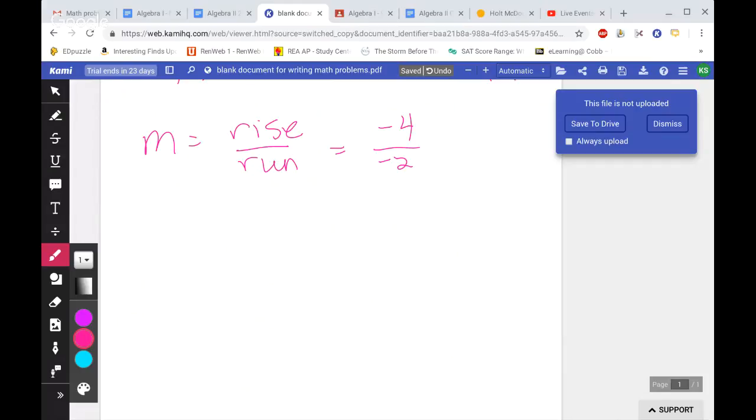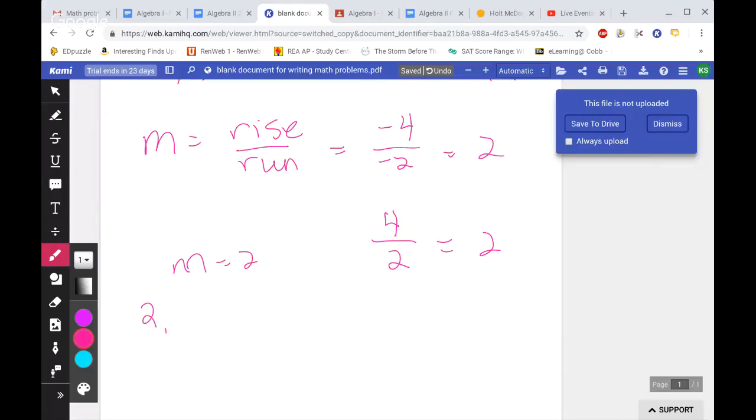But Mary Faith, if you were traveling from 0, -2 up to 2, 2, you would be correct in saying that it's a +4 and a +2. But a negative divided by a negative is a positive, and a positive divided by a positive is a positive. So either way you look at it, you're going to get a slope of 2.